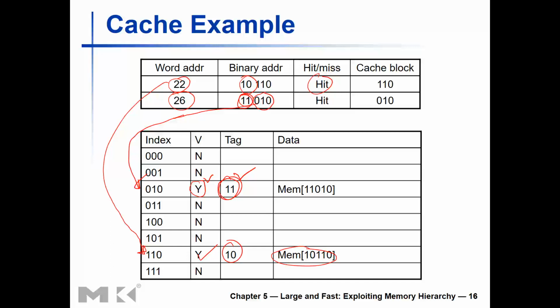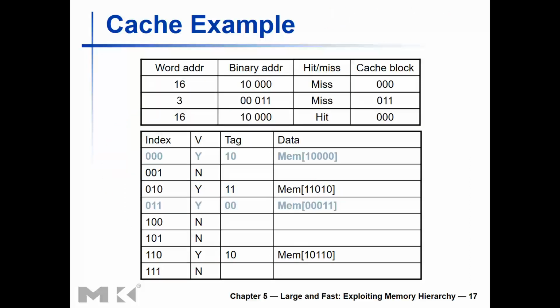So you can see now that to have a hit, I have to have first the valid bit equals yes, which means equals 1, which means there is data, and the tag must match. If the tag mismatches, I will have a miss. Here the tag matches this tag, so I have a hit, and then I can read the data in the cache and send it to the CPU.